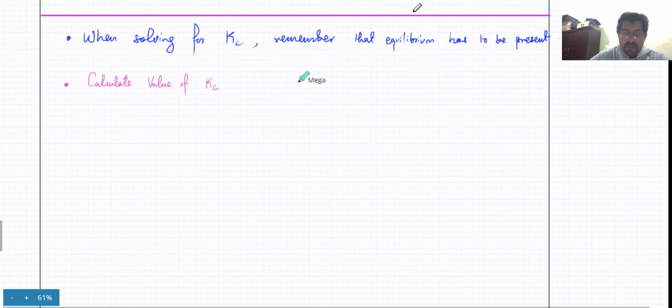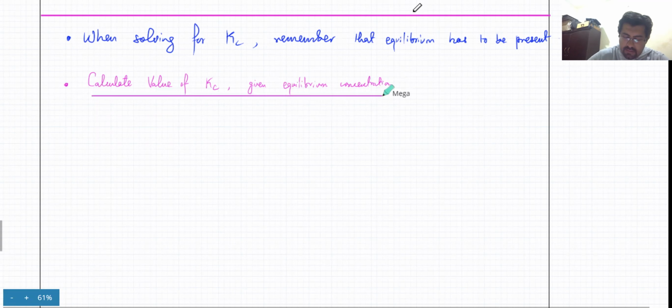One is you calculate the value of Kc given equilibrium concentrations. Now that doesn't really sound very difficult. If you're given equilibrium concentration, it's probably going to be easy to solve for Kc.